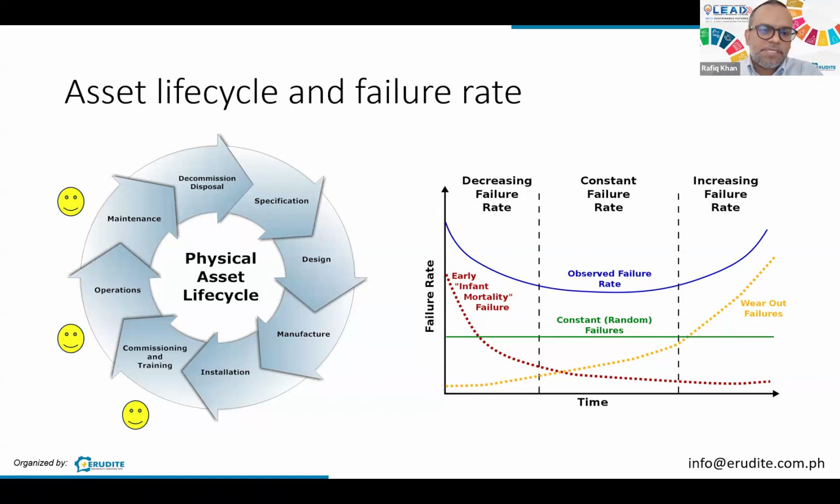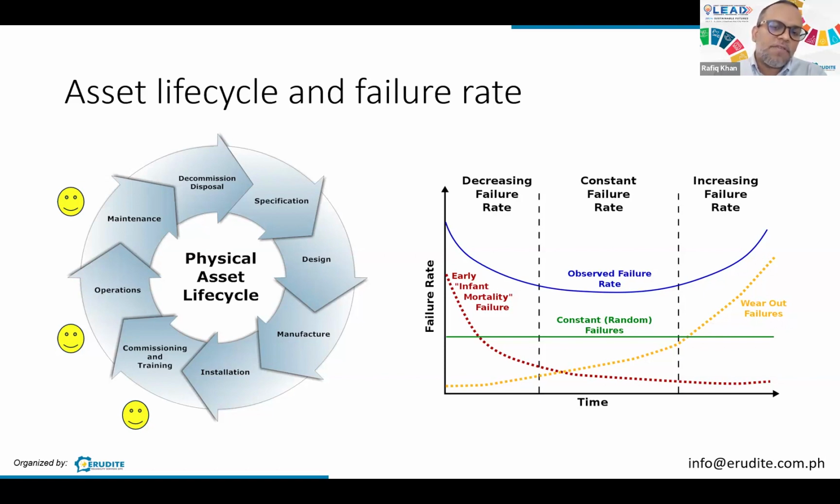Bathtub curves are just curves of when failures happen in the lifetime of an asset. The topmost one is what you typically see, which is the bathtub curve again. You look at it and it does appear like a container or tub. Early on, it starts to fail a lot.